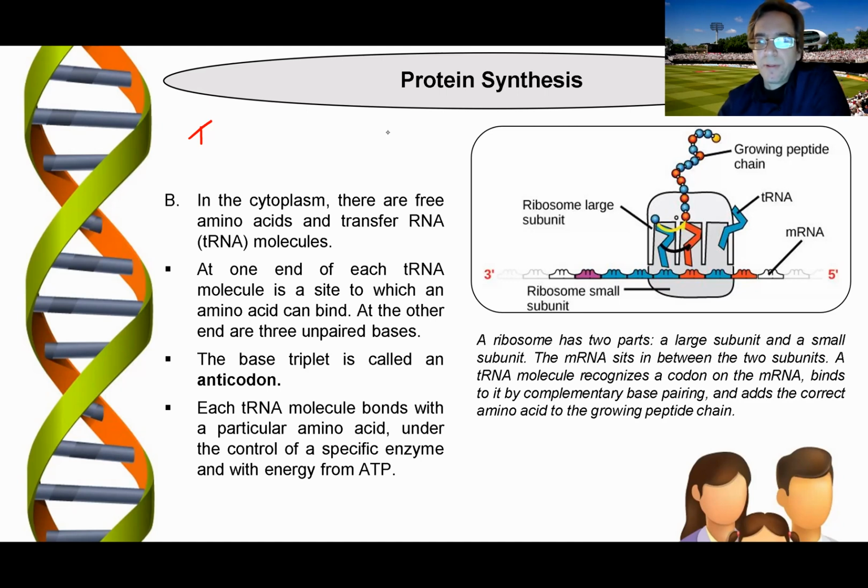And we're going to cover ATP structure and function in the next module. So a ribosome has two units, a large subunit and a small subunit. And these basically sit on the transfer RNA, recognizing its codon from the mRNA, binding to it through complementary base pairs, and then slotting an amino acid into the growing peptide chain. So a peptide is just a protein.